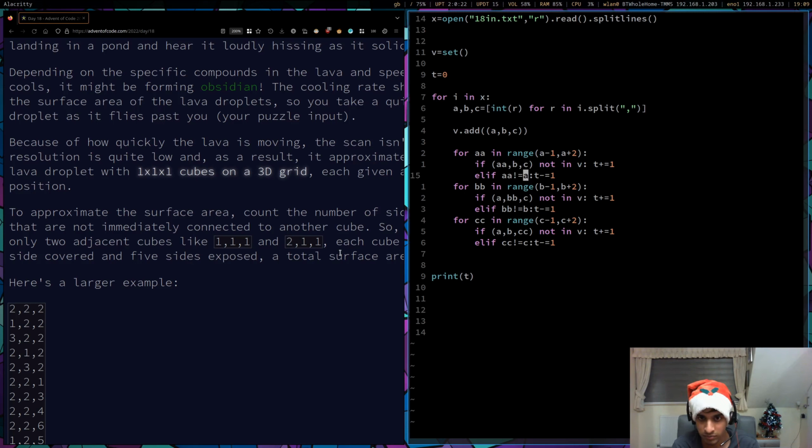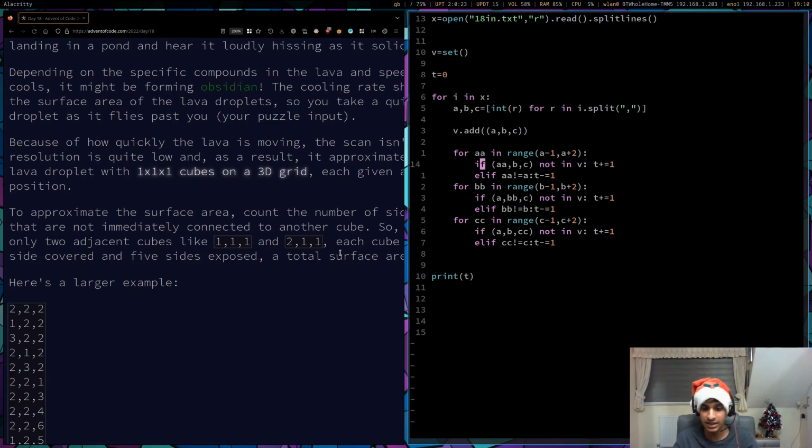But to ensure I don't just randomly minus 1, I basically need to ensure that my current coordinates are not the same block as my current one. So for example, what my code does is it goes through up and down.